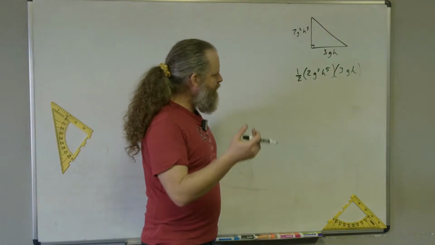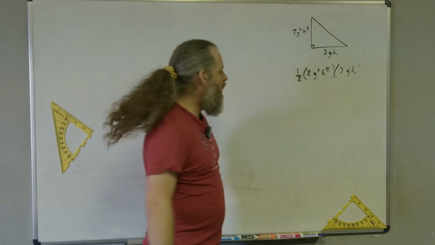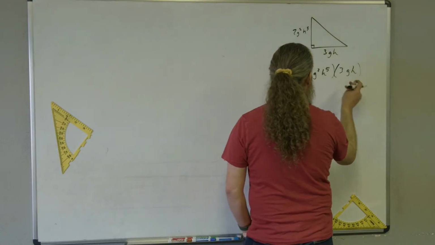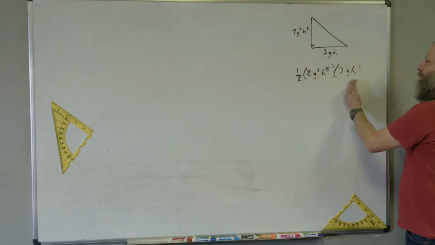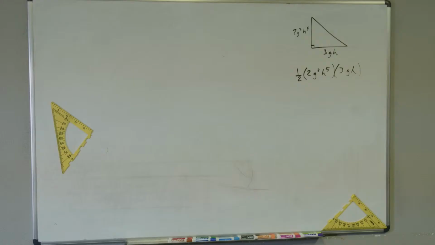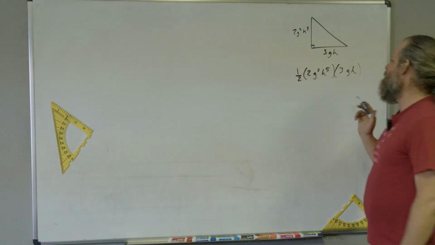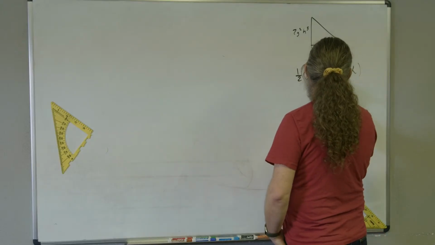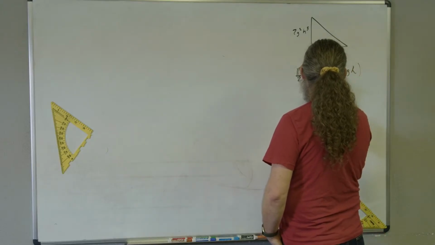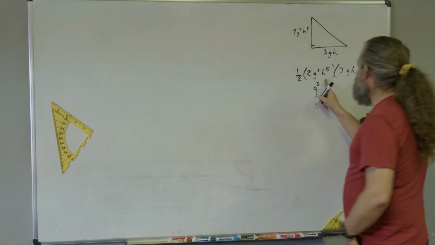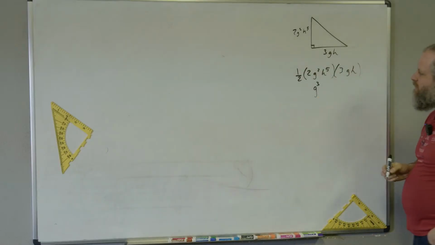What is 1/2 times 2? 1. Great. What do we do with these letters? We have like bases multiplied. What happens? Add the exponents. What's 2 plus 1? 3. What's 5 plus 1? 6.